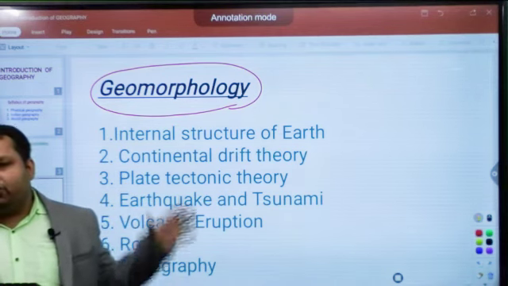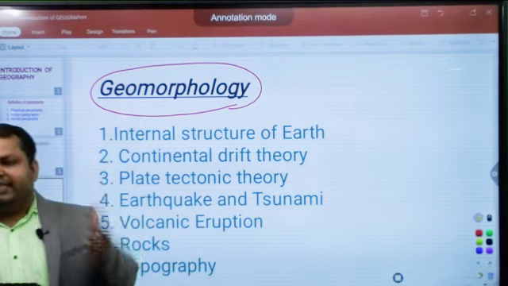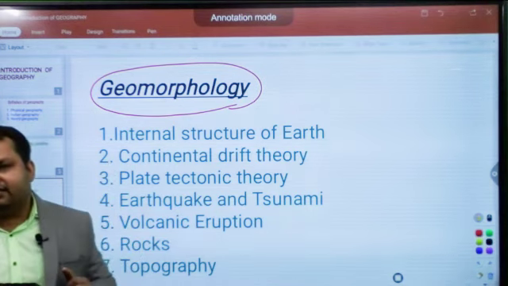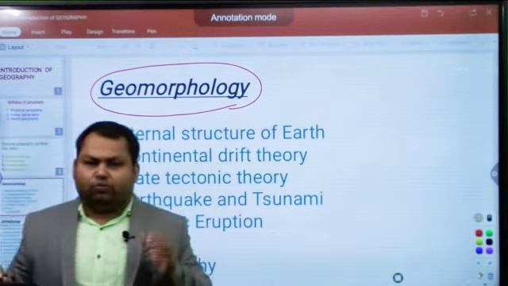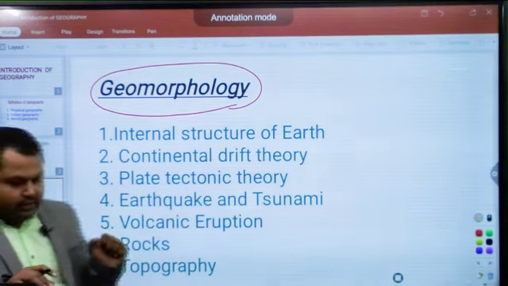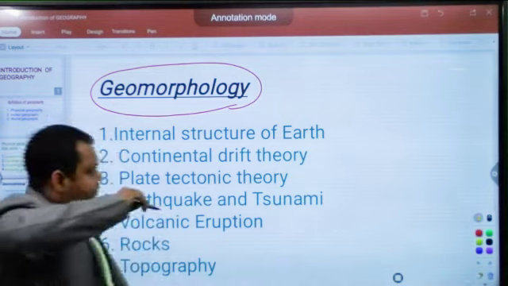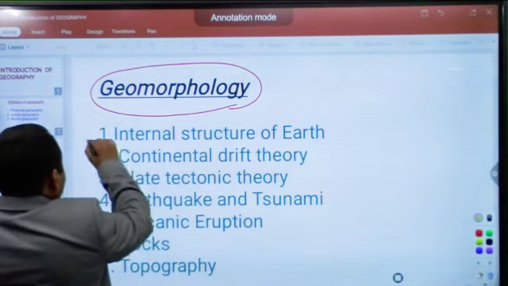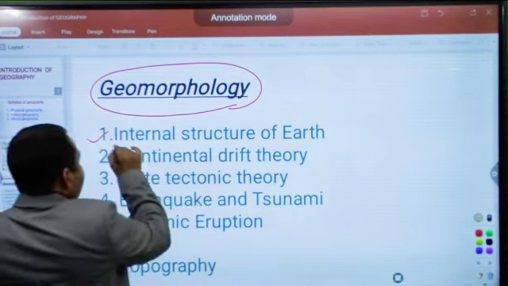Geomorphological concepts and features influence the climate as well as the oceanic concepts. So this is the most fundamental in physical geography, right? Within this unit, the very first topic is the internal structure of Earth.